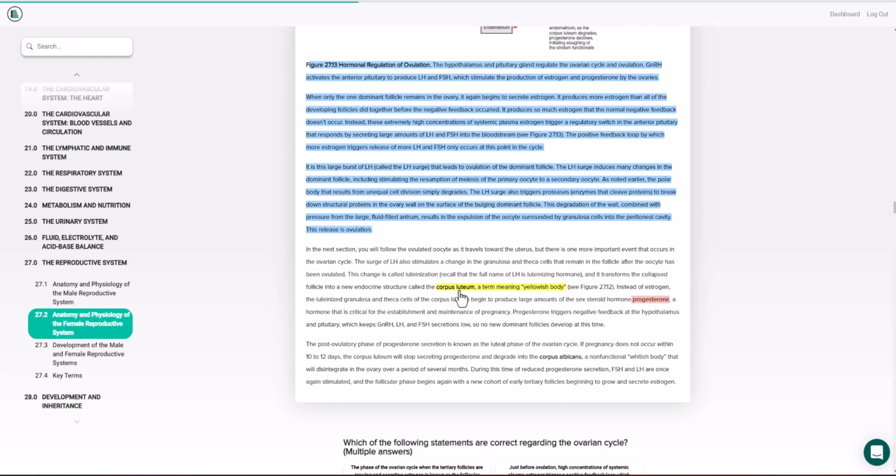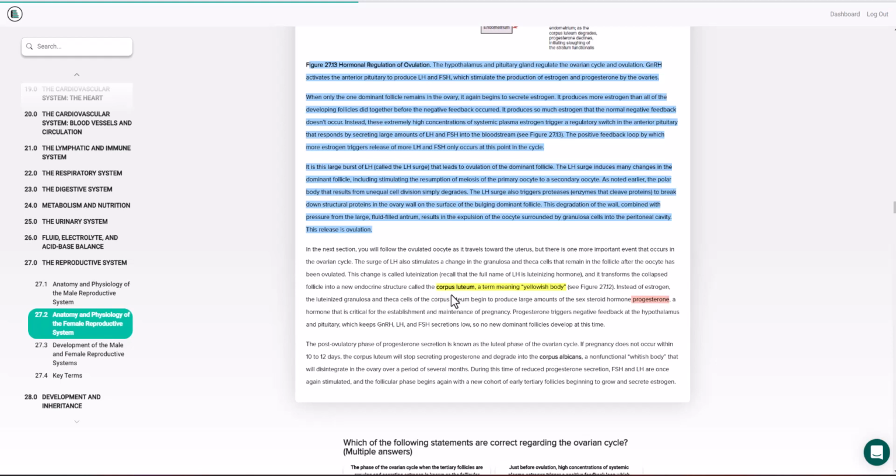After about 10 to 13 days or so, 10 to 12 days, the corpus luteum then becomes the corpus albicans. Now you know what these words mean. So the corpus luteum is a yellow body, lutea, and the corpus albicans, albi, white, albino.